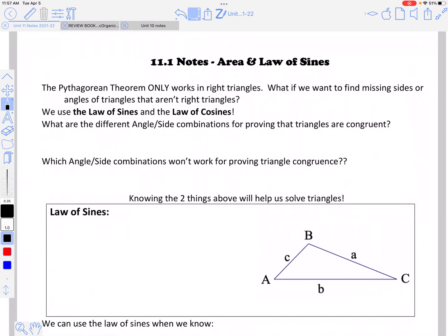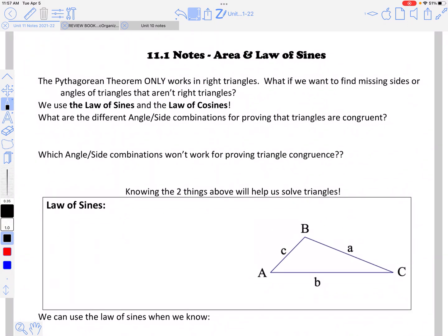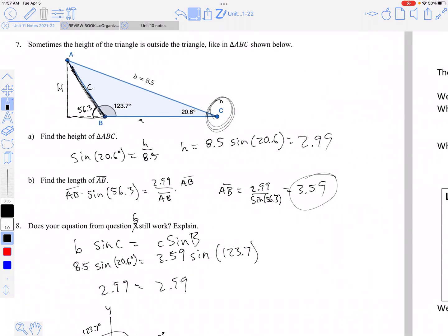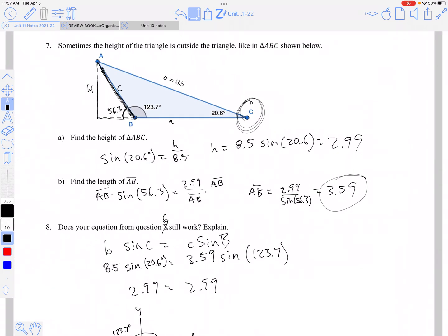So why are we learning about the law of sines? Here's the deal. The Pythagorean theorem only works on right triangles. And the trig functions, sine of opposite over hypotenuse, cosine of adjacent over hypotenuse, tangent of opposite over adjacent, we can only use in right triangles, which is why I had to extend this out to create a right triangle.